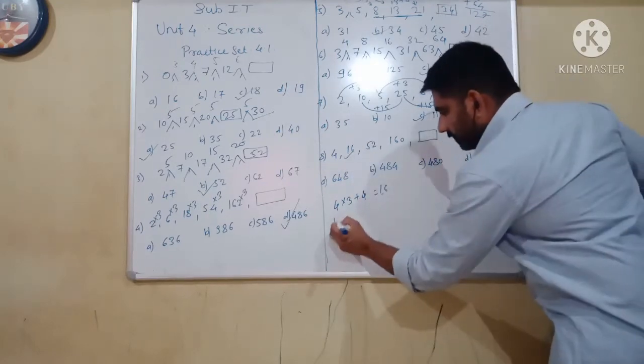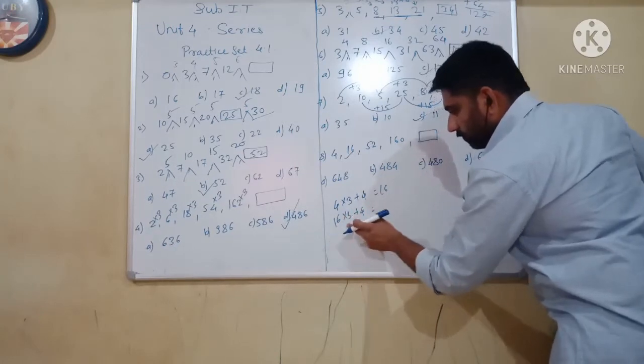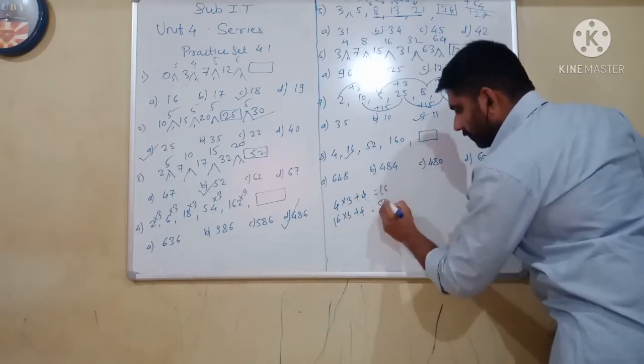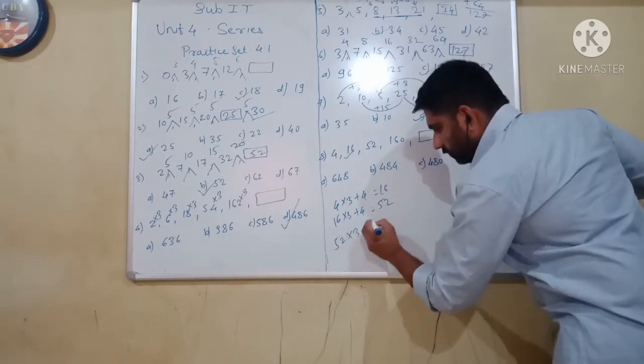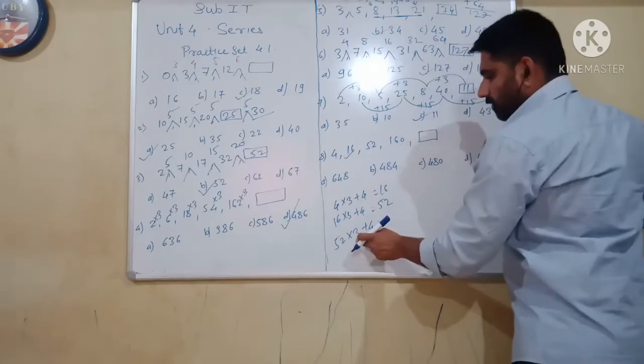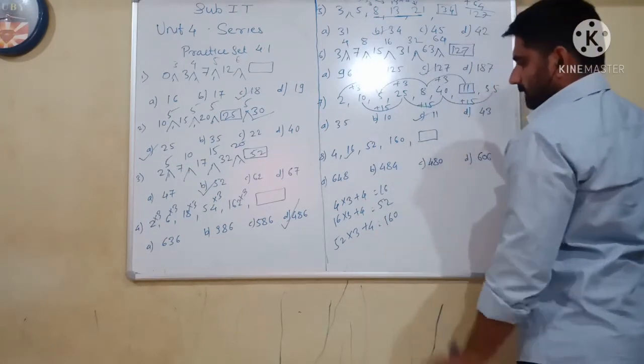Next will be 16 into 3 plus 4, 48 plus 4 is 52, like this. 52 into 3 plus 4, 52 threes are 156, 156 plus 4 is 160, like this.